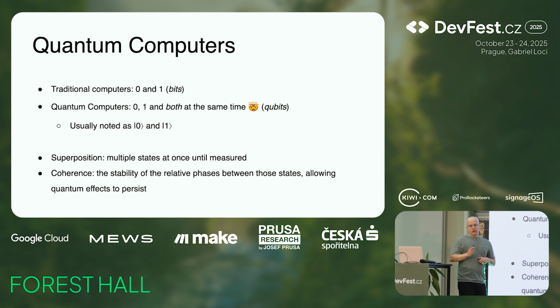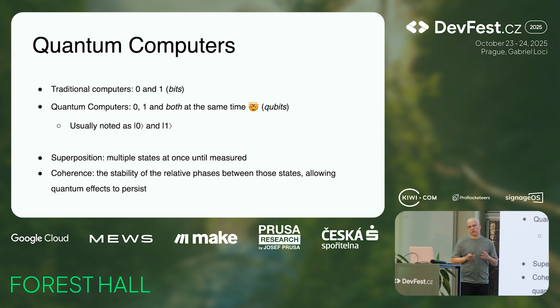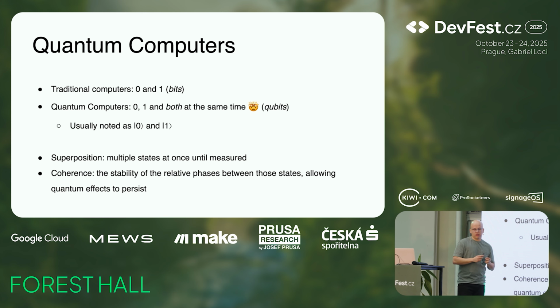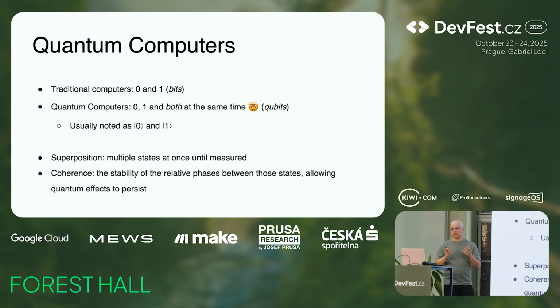First, before we go further, I also want to clear up two terms. First of all is the superposition. So superposition is the state, or just the ability to have multiple states of the quantum computer before you actually measure it and you can have a look at the final results, right? Similarly, coherence is just the stability of the whole system, right?